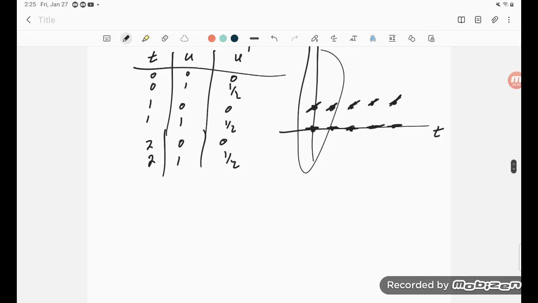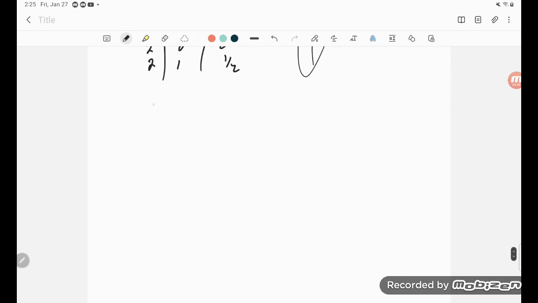But let's look at this one. The way we would do the phase portrait is we would find the equilibrium. In that case, u prime equals 1/2 u. Set it equal to 0, we got u equals 0.